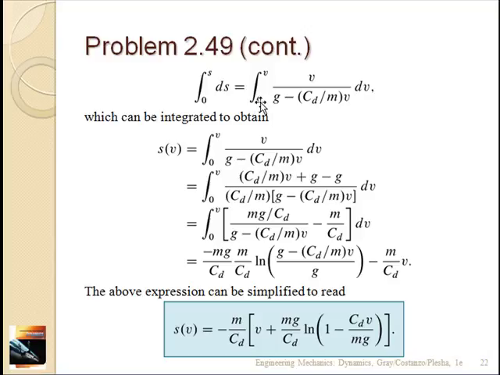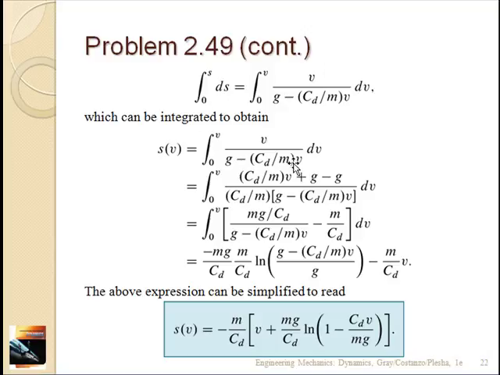So we assume we start at zero initial velocity, let go at s equals 0, and then see how it accelerates due to gravity with the drag term factored in. This integral just gives you s because it's 0 to s. Then we just have to work out this integral.